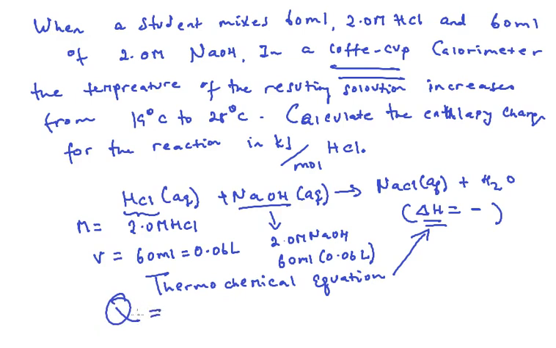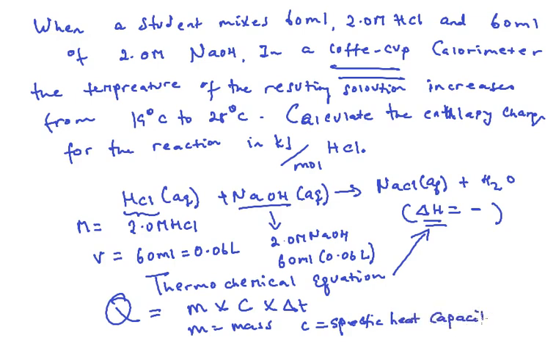I'm going to use a big Q. A big Q refers to the heat lost or heat gained by a substance, and it can be calculated as mass times specific heat times delta T. M refers to mass, C means specific heat capacity, whereas delta T is the difference in temperature.